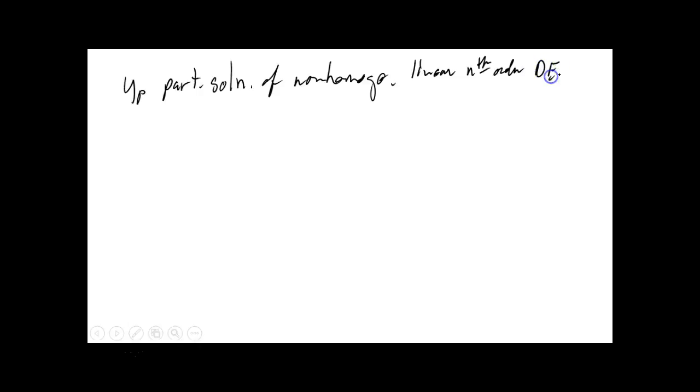And that's non-homogeneous, so that was our equation 7 from way back, on some interval I.